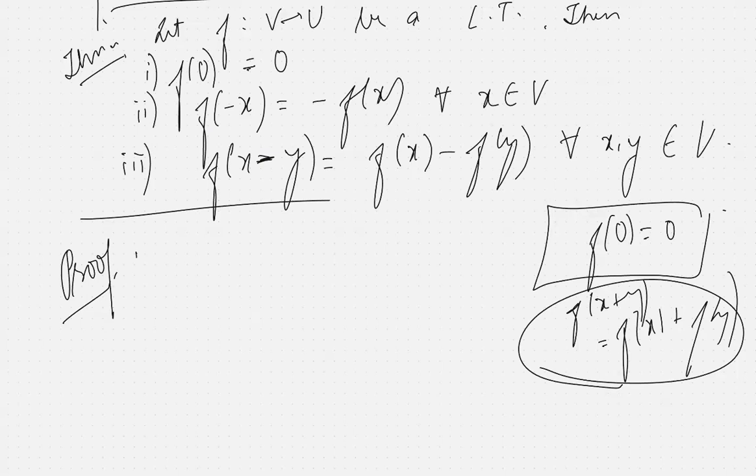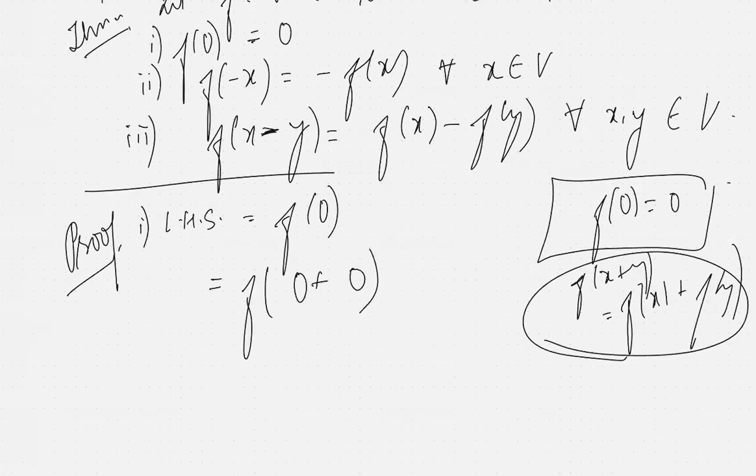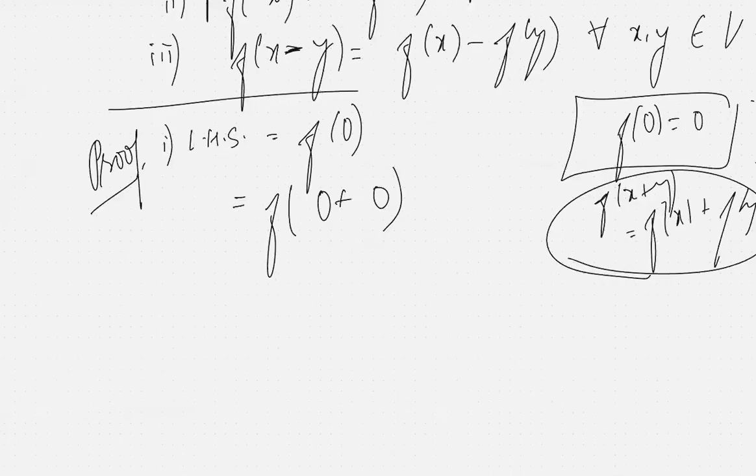Since I have to use the linear transformation concept, I should have two terms inside the bracket. So, can I write it as f of 0 plus 0? Of course. So linear transformation means that we can split it as f of 0 plus f of 0.